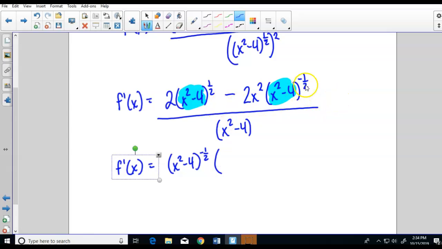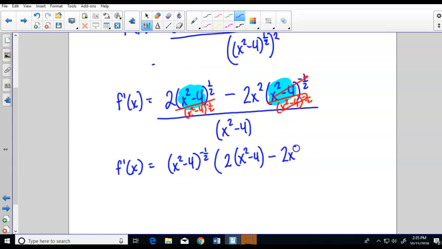And so if we do that here, that means we're dividing by x squared minus 4 to the negative 1/2, and then x squared minus 4 to the negative 1/2. These cancel. Here, 1/2 minus negative 1/2 gives you 1. You see the pattern that's happening every time here. So we're going to have 2 times x squared minus 4 minus these 2 cancel, so we just got 2x squared.